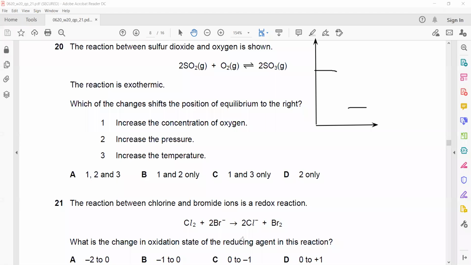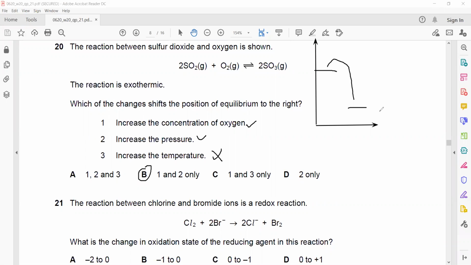So what change should you make to get a greater amount of sulfur trioxide? Increasing the pressure and decreasing the temperature, 1 and 2, will give more sulfur trioxide, but increasing the temperature will shift the equilibrium backward, which will reduce it. So the correct answer is B, 1 and 2.